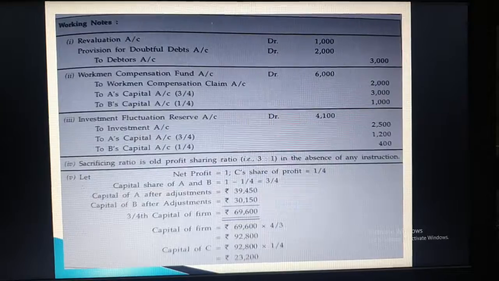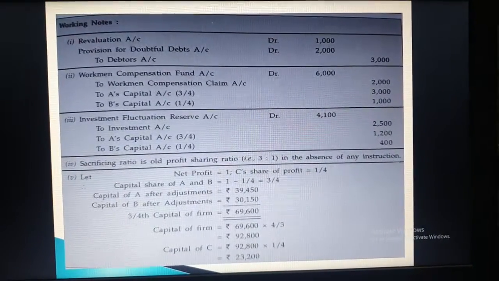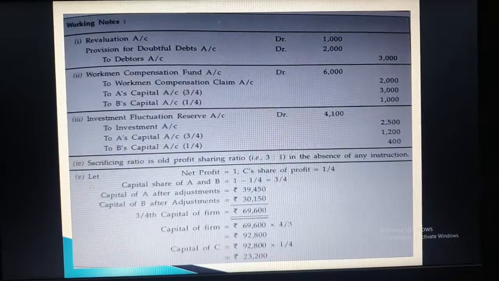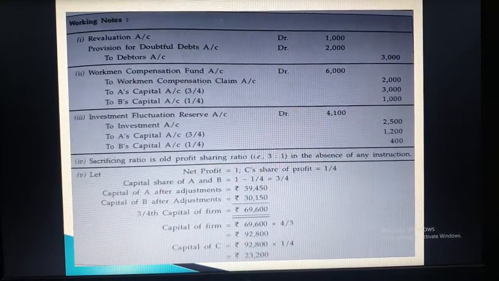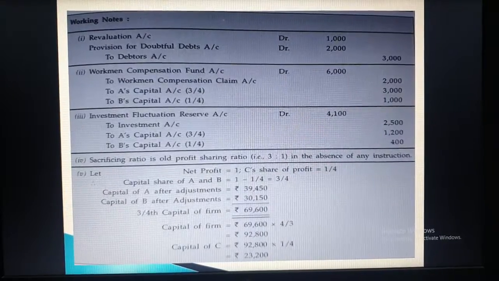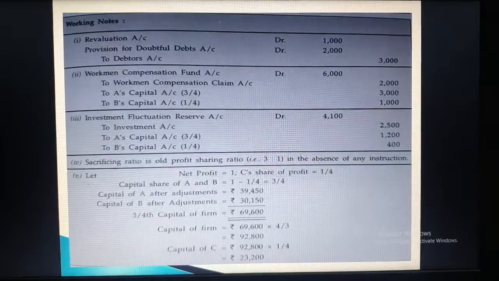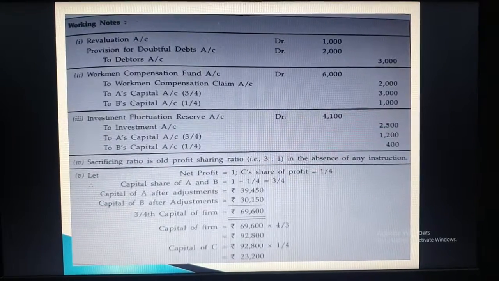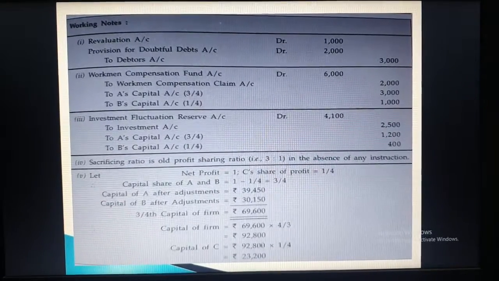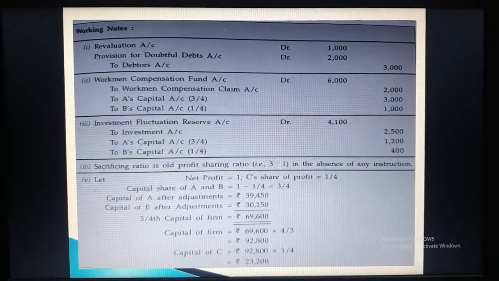The total of A and B capital after all adjustments is 69,600, and we have to multiply the capital of old partners by the reciprocal ratio, which is the reverse of 3/4, that is 4/3. So the capital of the firm is 92,800, and out of that 92,800 you have to calculate the capital of C, that is 1/4, that is 23,200.